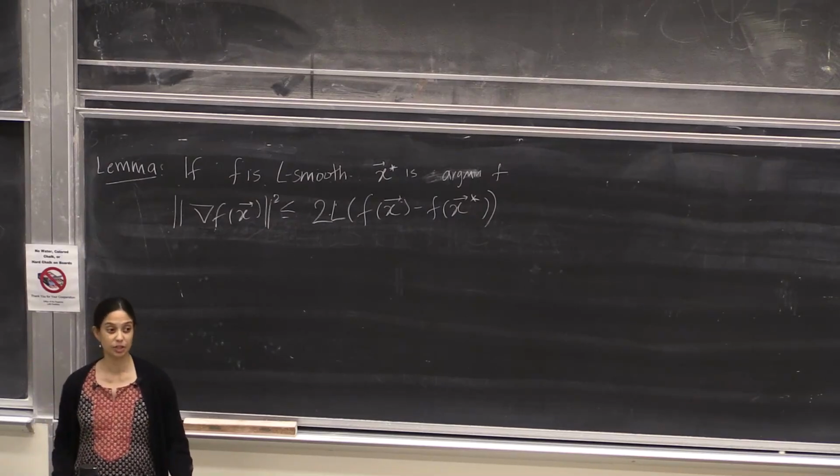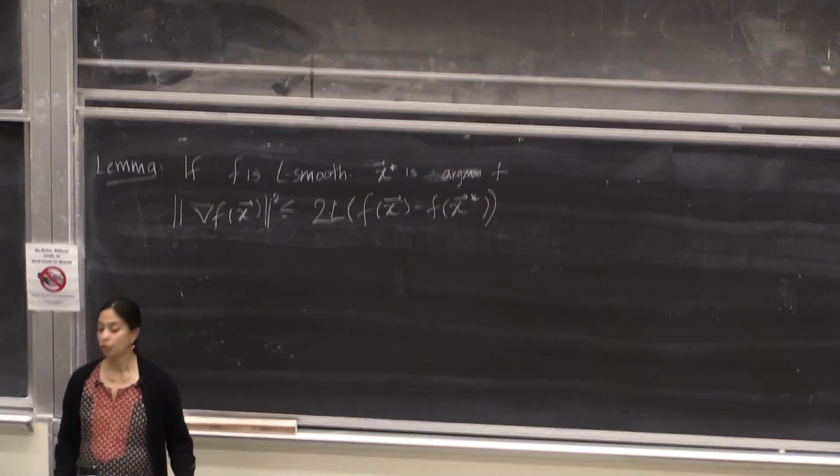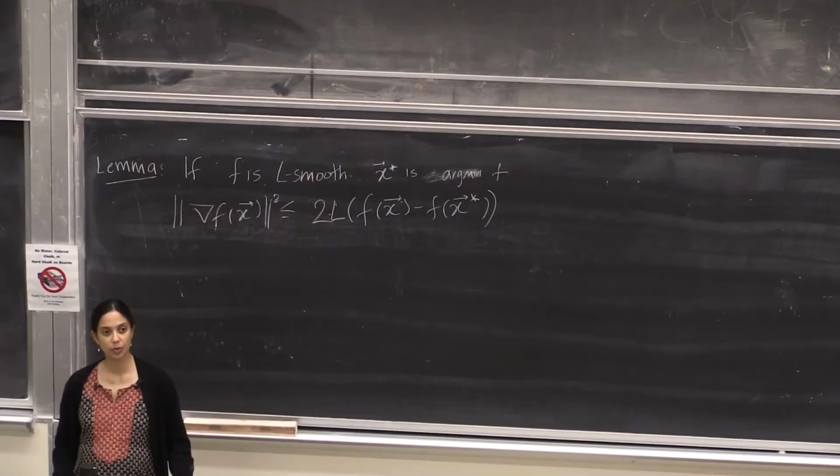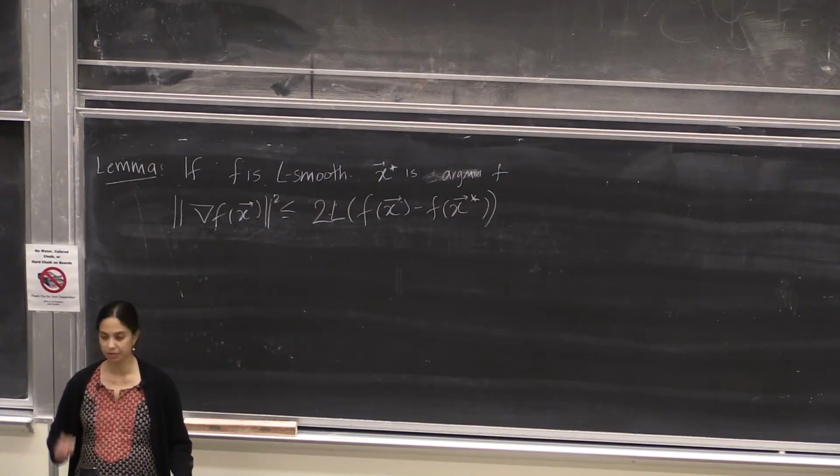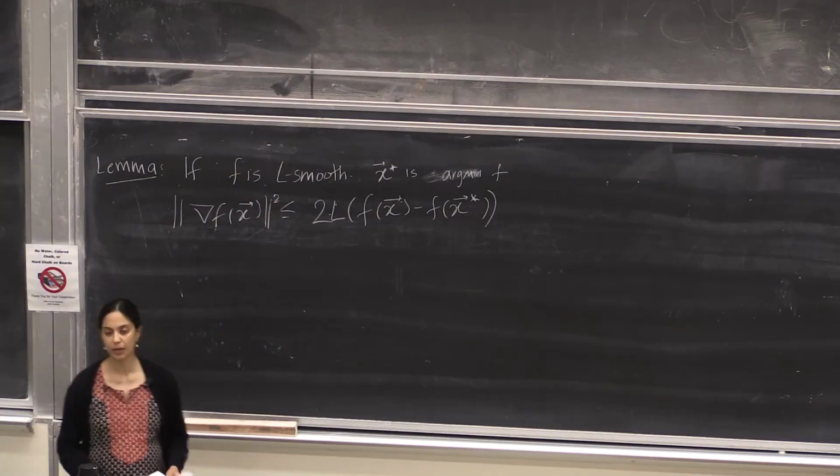This doesn't come by just a manipulation of this expression, right? First, because one of the things we want to pull in is this x star, right? And we need to figure out how to pull that in, okay?